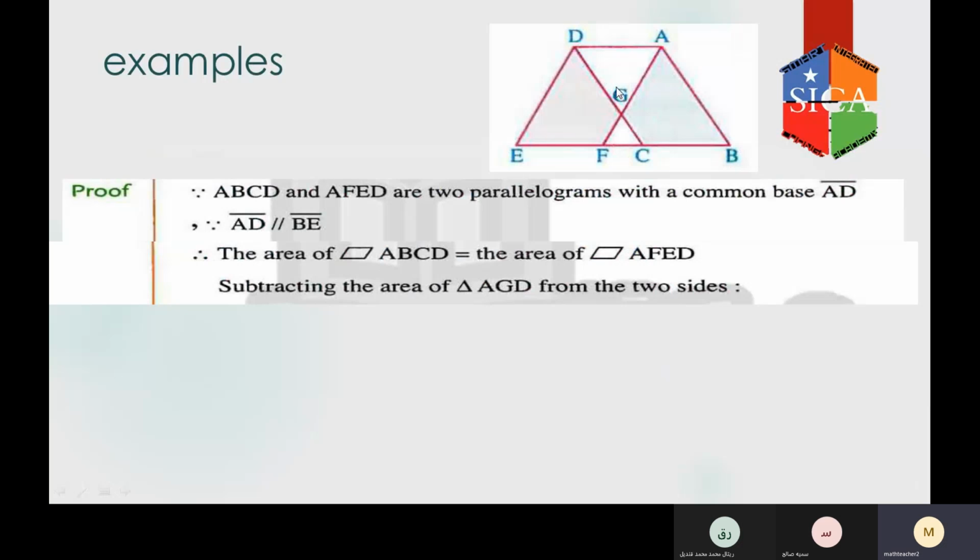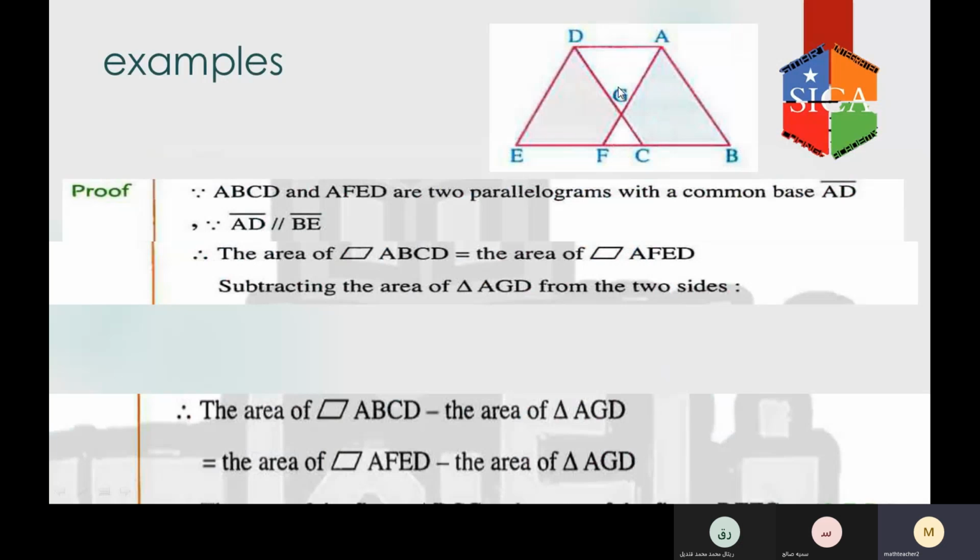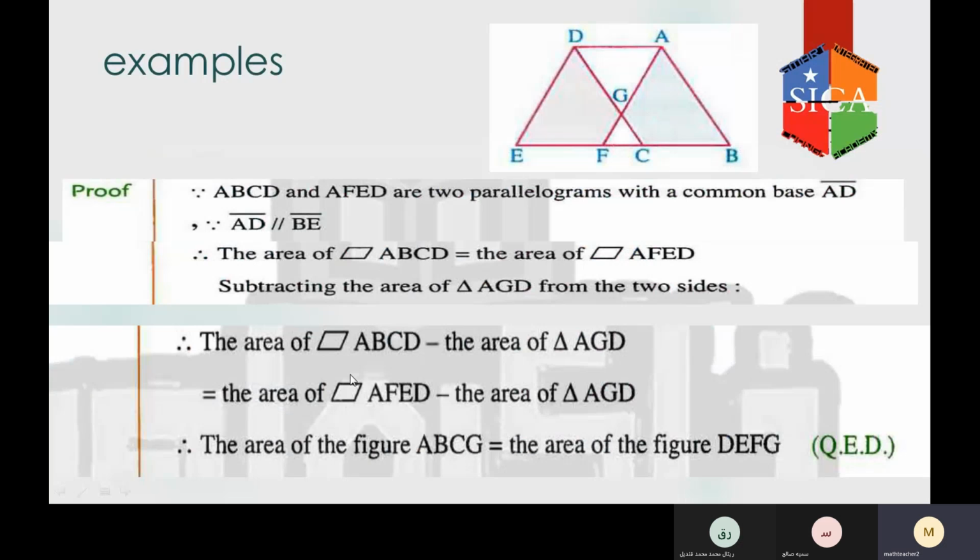Then we subtract the area of AGD from both sides. Then the area of the figure ABCG equals the area of the figure DEFG. And that's what was required to prove.